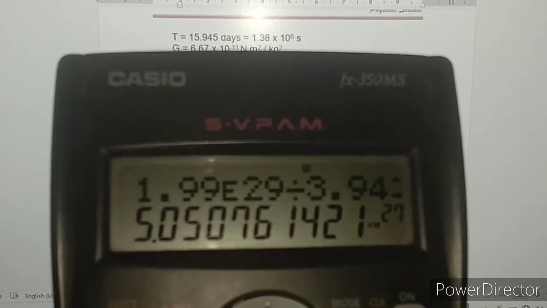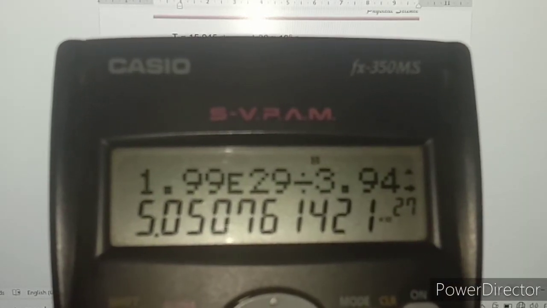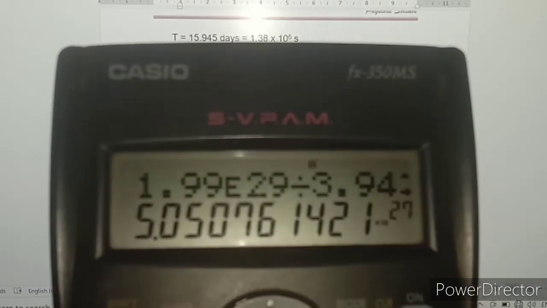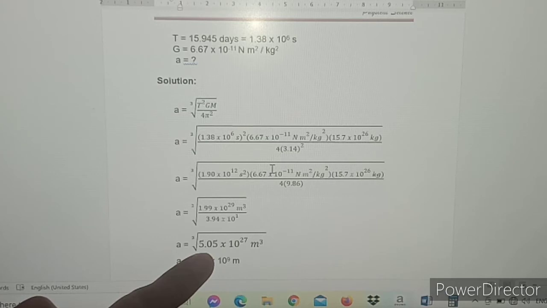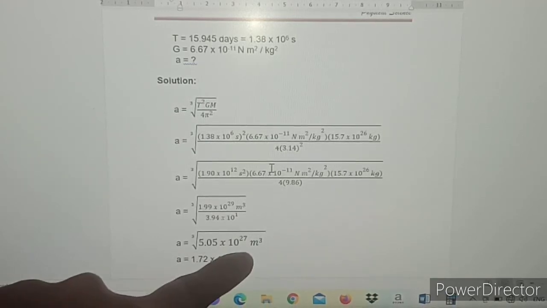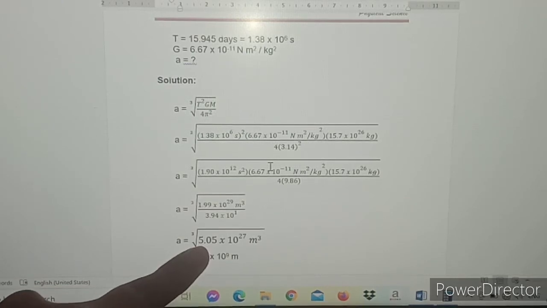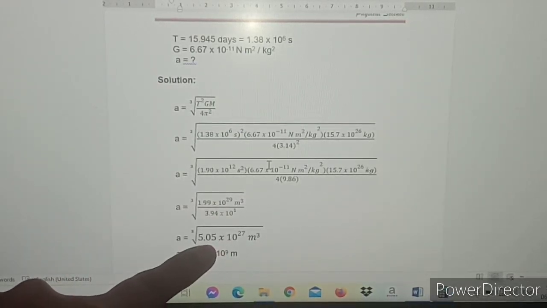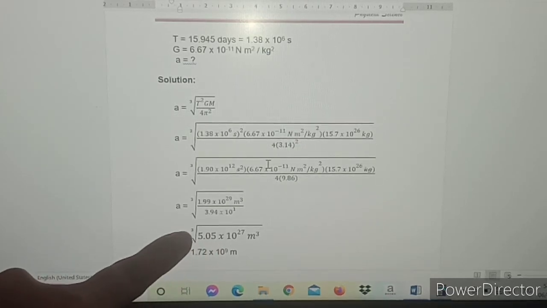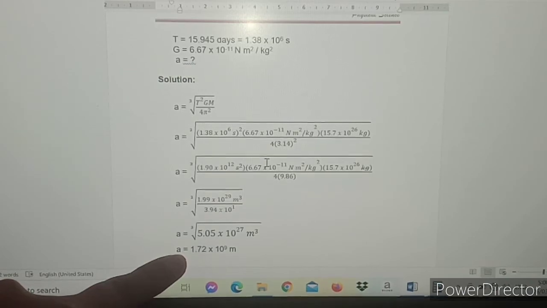So, the answer is 5.050761421 times 10 raised to 27. And we need to round it off into 2 decimal places. That's why 5.05 times 10 raised to 27 m cube ang sagot natin. And after you get this result or this answer, you need to get its cube root. And then you will find the final answer.